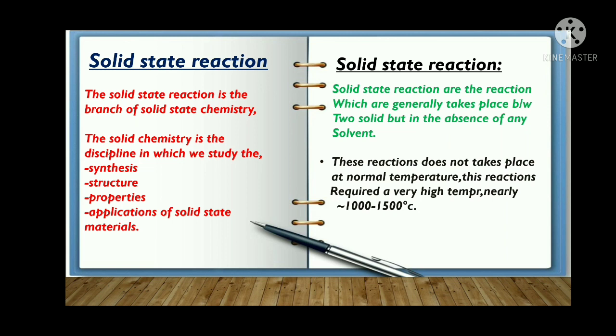For the reaction to start between two solids, we have to apply a minimum of 1000 degrees Celsius, but the rate of the reaction is very slow at this temperature. So to increase the rate, we have to increase the temperature to the range of 1200 to 1500 degrees Celsius.